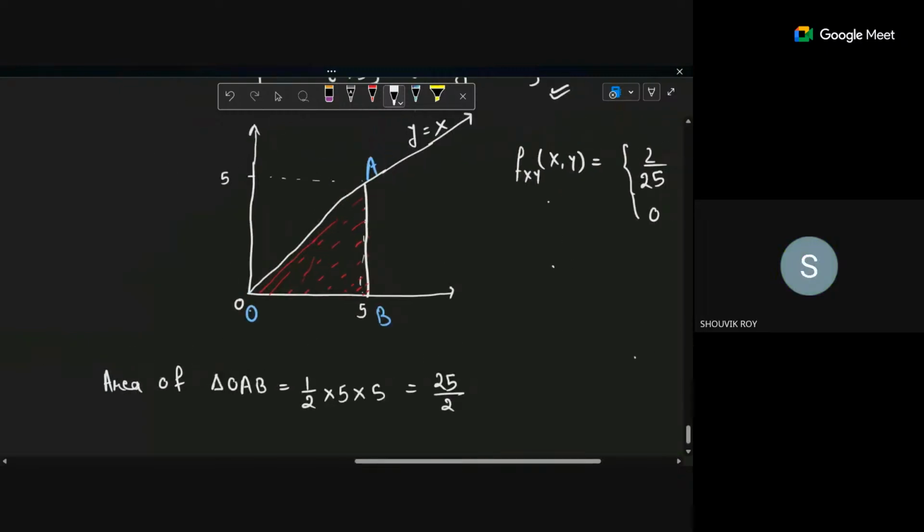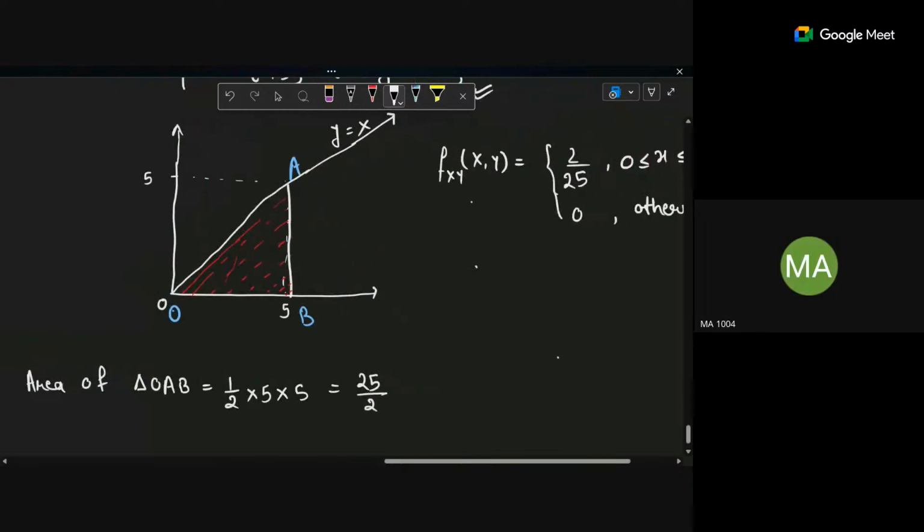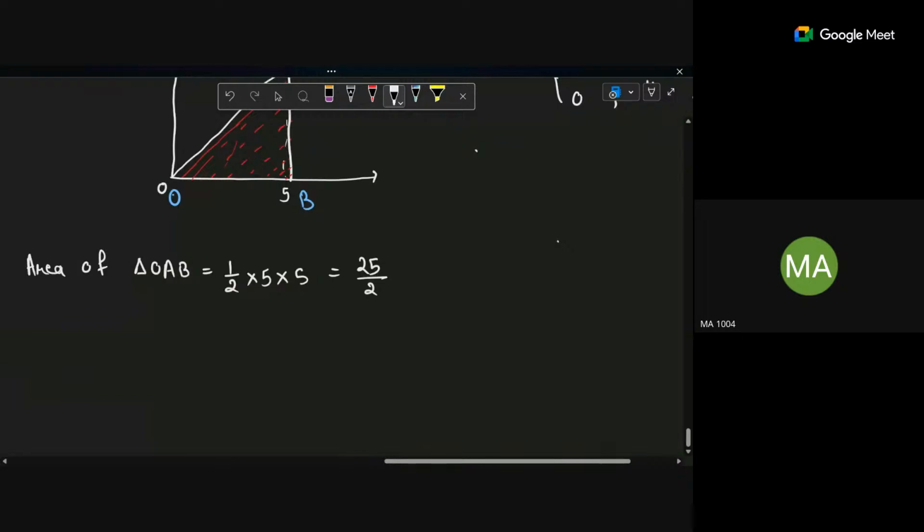How is it uniform? By just observing this, the area of this triangle OAB is 25 by 2, and from the given we know that f of x, y is nothing but 1 upon the area of triangle OAB. That implies your joint PDF is uniform in the given support.